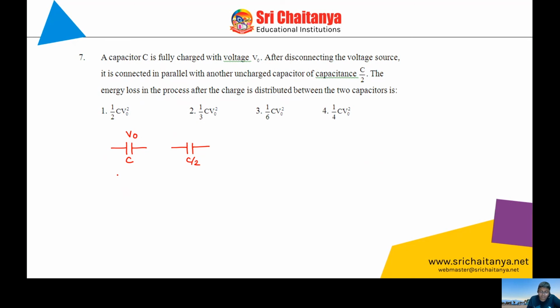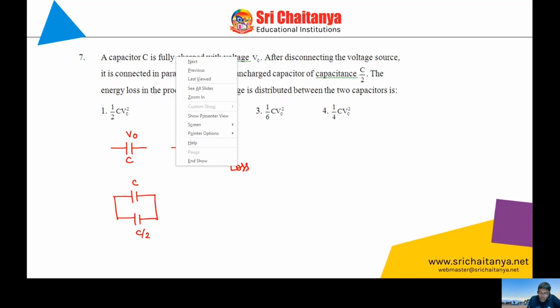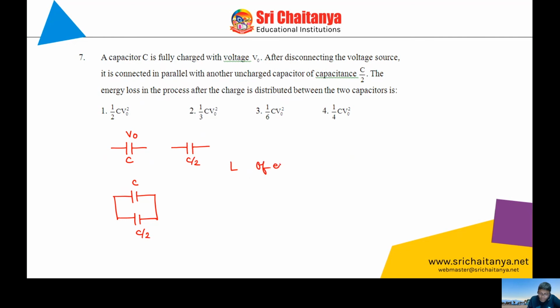Okay, and we are connecting these in parallel, something like this. This capacitance is C and this is C by 2. So there will be a rearrangement of charge, and we have a simple formula for the loss of energy here.